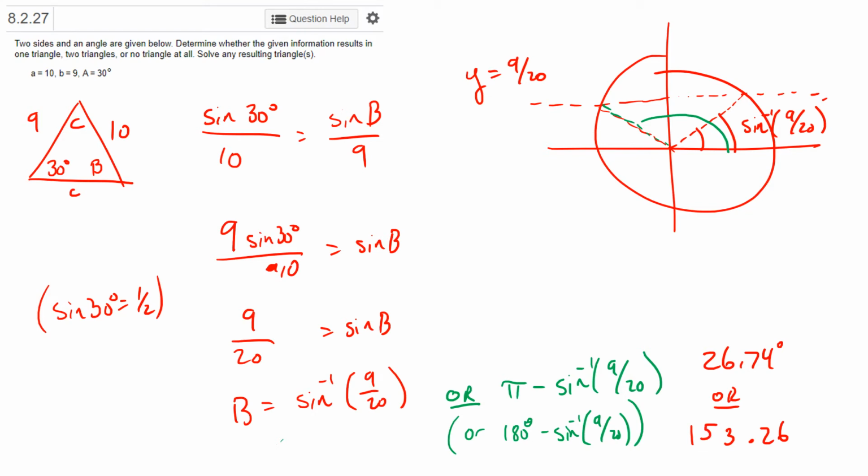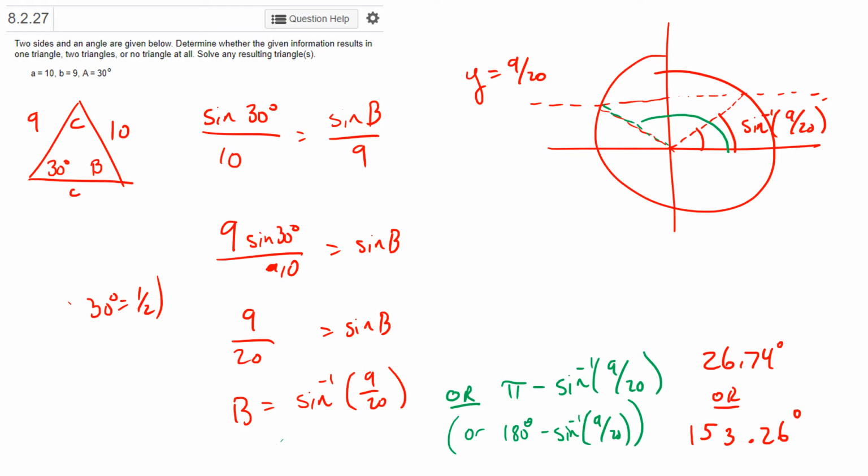So there are two angles in the circle that have a sine equal to 9/20, 26.74 degrees or 153.26 degrees. So there are possibly two values of B that could be used to complete this triangle.